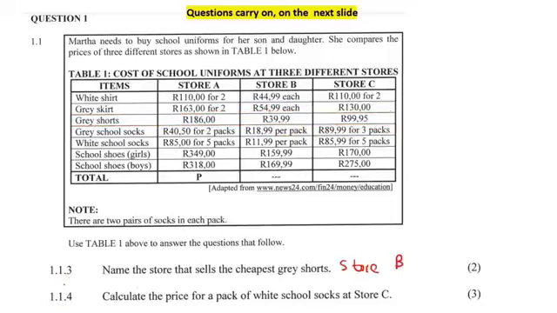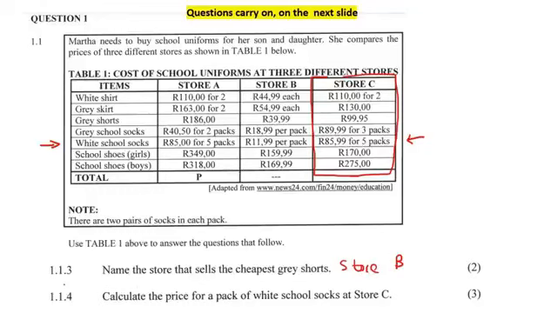For this question, it says calculate the price for a pack of white school socks at store C. So store C is this block over here, and they would like us to know for a pack of white school socks. So white school socks is over here. The current price is 85 Rand 99 for 5 packs, but they want to know what the price is for 1 pack.